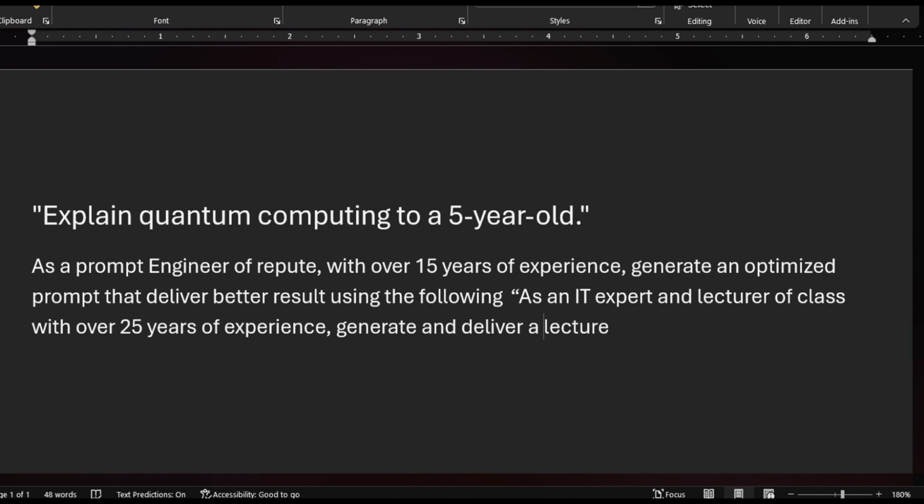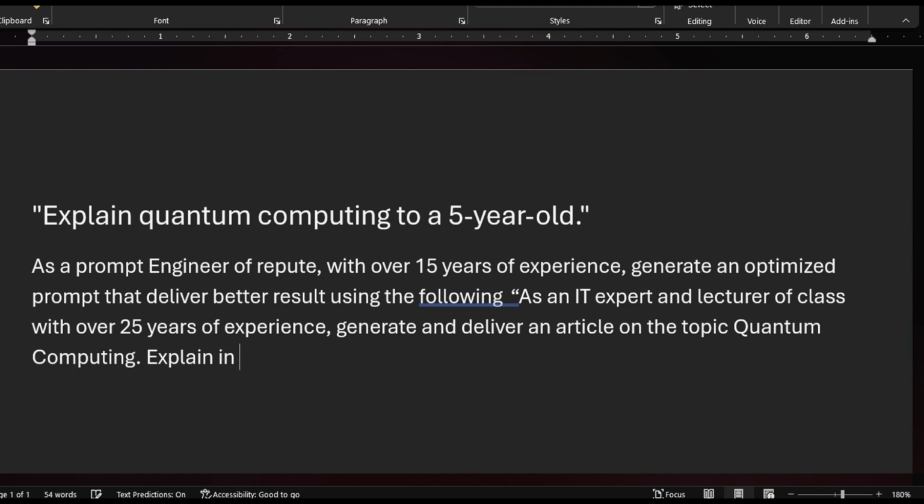No, or generate and deliver an article on the topic quantum computing.